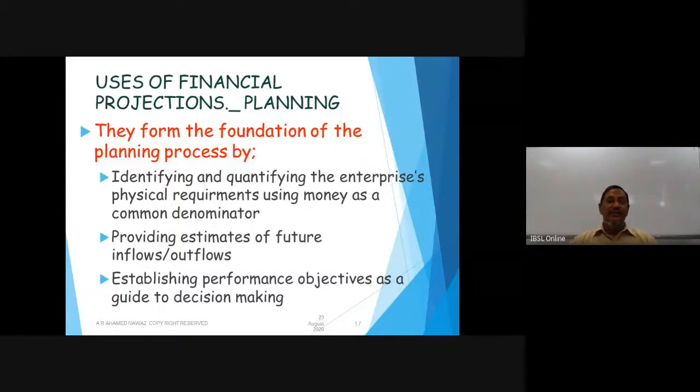Providing estimates of future inflows and outflows. When you do a projection, you have to make a future estimate. When inflows, outflows and net flows are taken into consideration, the net flow should be positive. When net flow is positive, surplus funds are available for repayment.